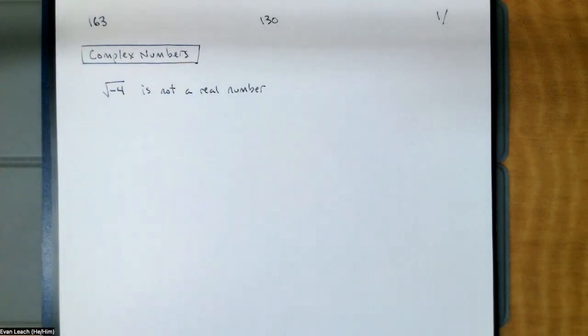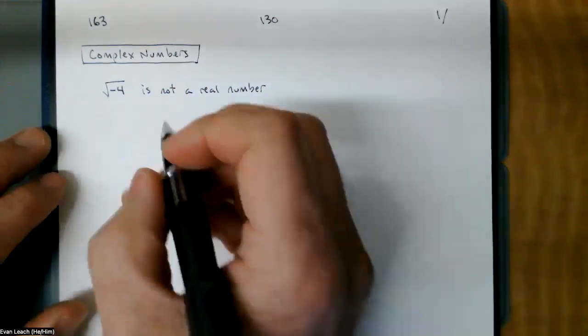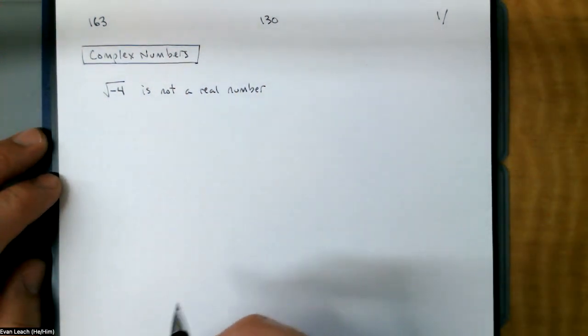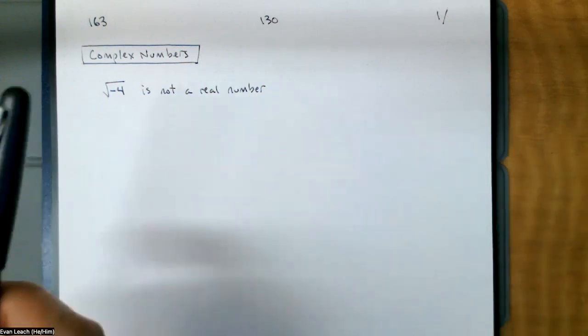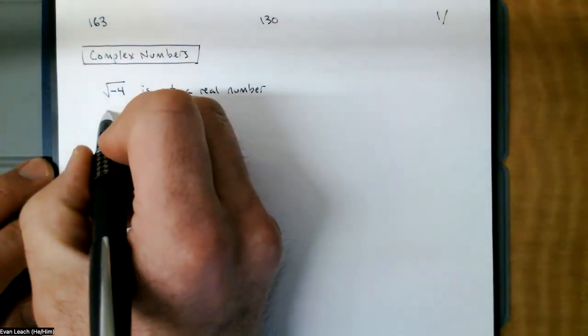The reason it's not a real number is that if we're looking for a number such that when I multiply it by itself, if I take two copies and multiply them, I'm supposed to come up with -4. We can't do that because if I multiply two things with a positive sign, it's positive, and if I multiply two things with a negative sign, it's positive too. When we square a number, the result is always positive.